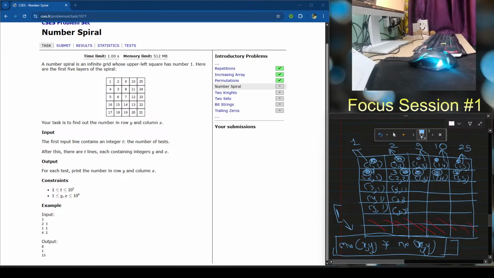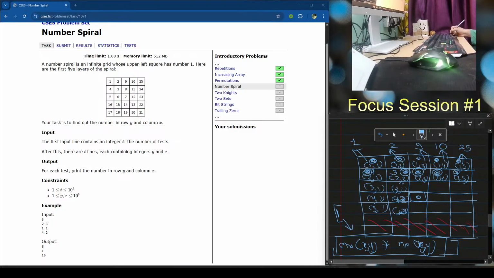Now let's just think on this numbering part, like the row part or the column part, how to get that particular value. If someone asked me the value at 4 comma 3, then how to find this? Okay, so finding value at 4 comma 3. How can I find it?